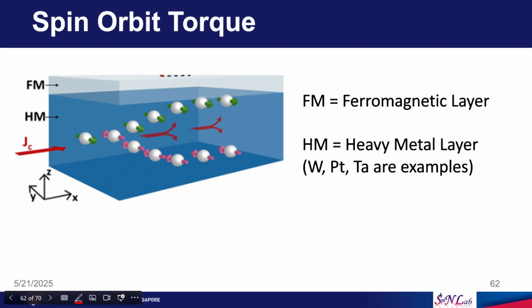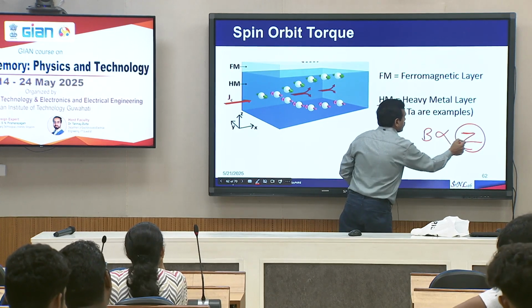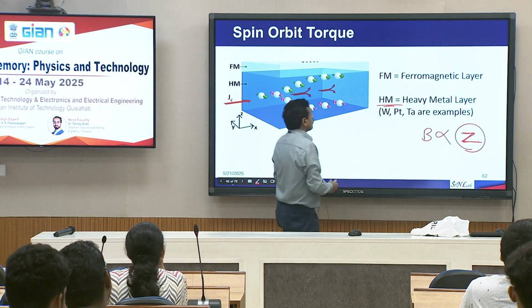Okay. So, when people talk about spin orbit torque, we are talking about some heavy metals. Okay. So, if you remember the formula I showed you, there was a Z, right. So, if the Z is large, then the magnetic field is supposed to be large. Okay. So, heavy metals have a large number of protons, right.